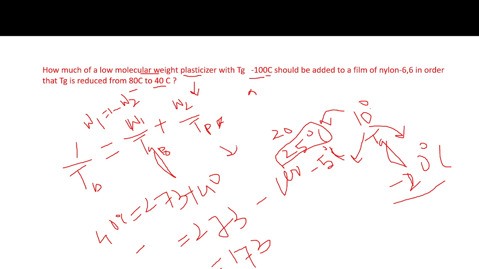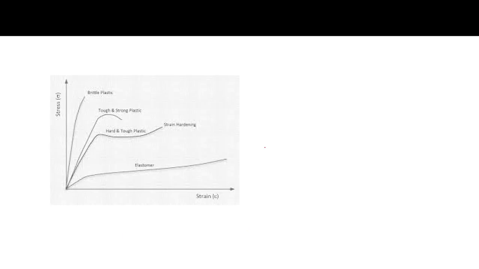From here you can calculate the Tg of the polymer blend. So if you find the W2 value, you can tell how much fraction of plasticizer we need to add into the polymer so that the Tg reduces from 80 degrees centigrade to 40 degrees centigrade.